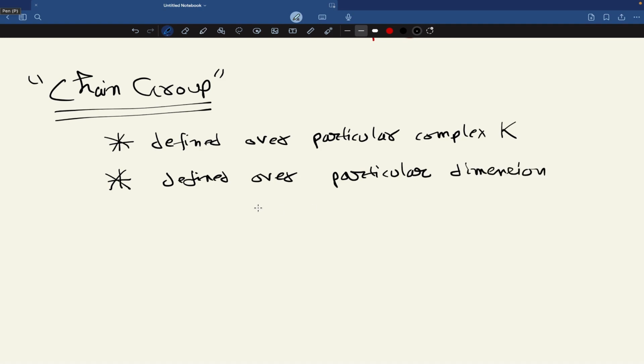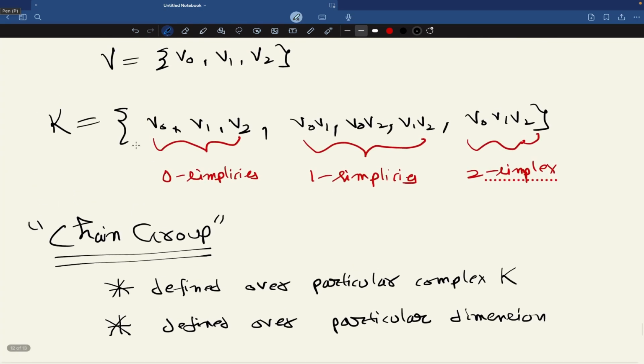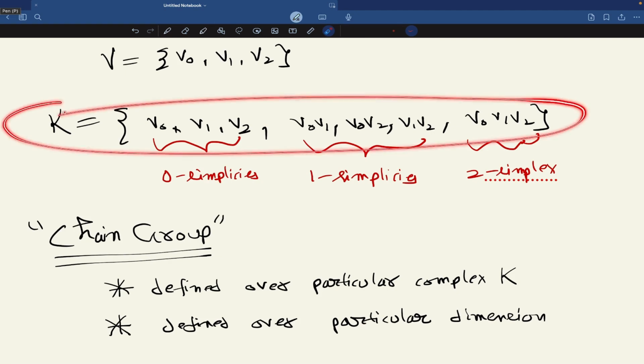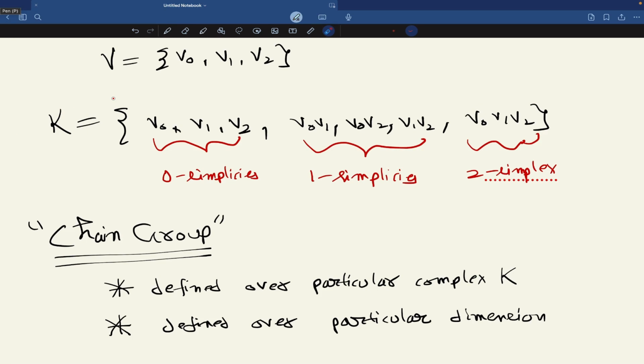In this complex we have dimension 0, dimension 1, and dimension 2. You may take any one dimension, and over that we can define a chain group.